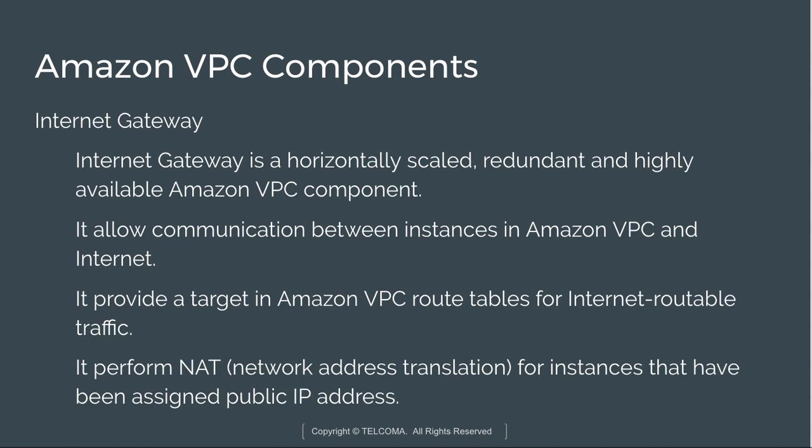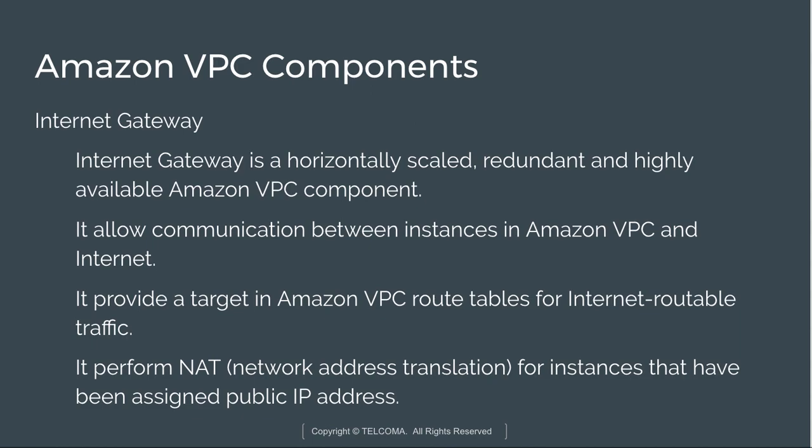So in between we have the internet gateway. It maintains a one-to-one map of an instance's private IP address and public IP address. So the IGW basically does one-to-one mapping of the instance's public IP address and private IP address.